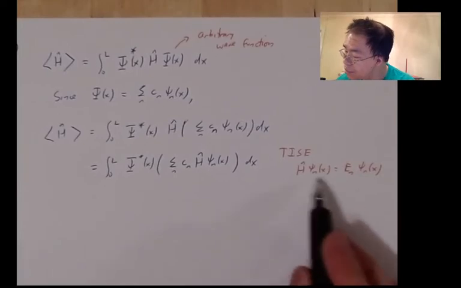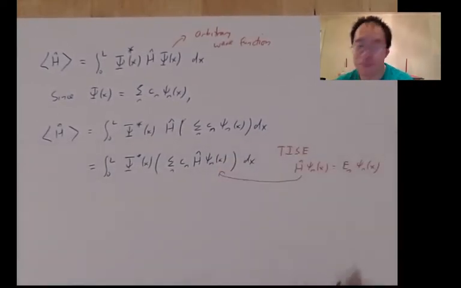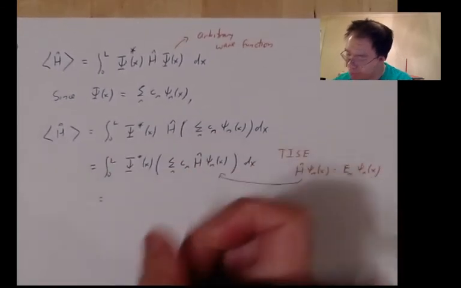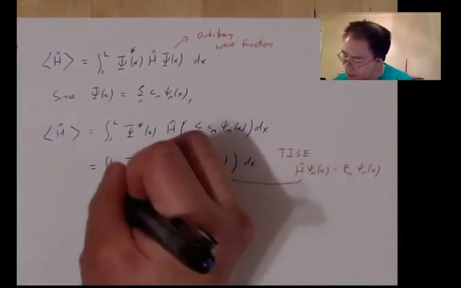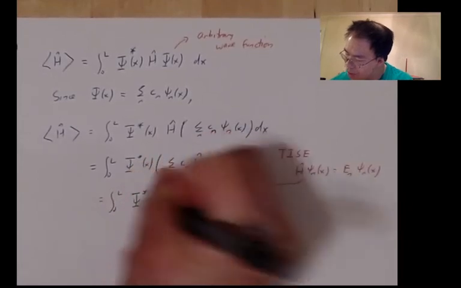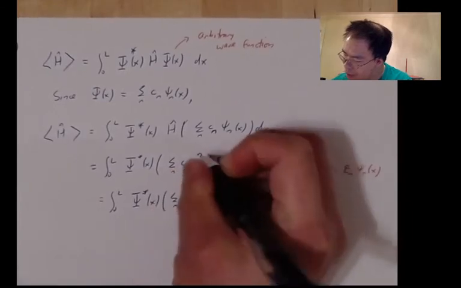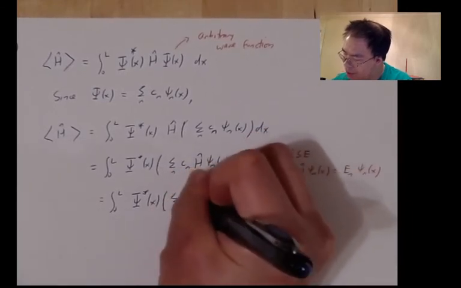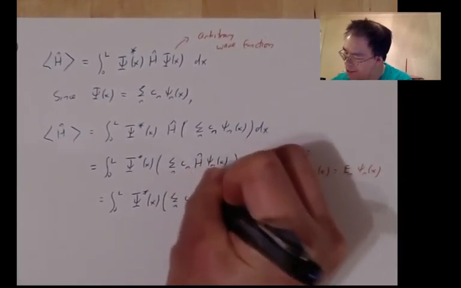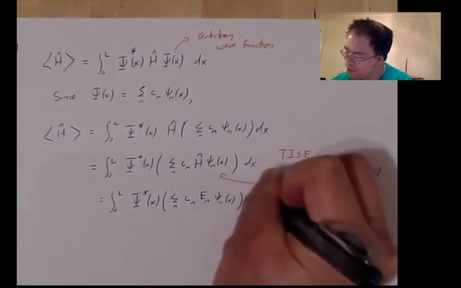So that lets me simplify this over here. That now is a big simplification, because now we get rid of the Hamiltonian. So we now just get the sum on n, Cn En psi n of x dx.